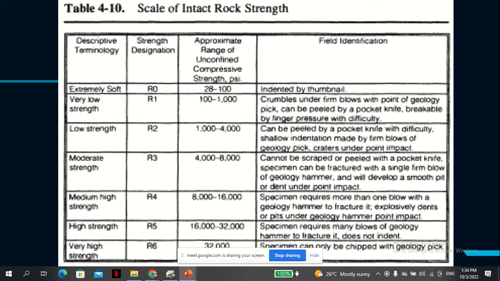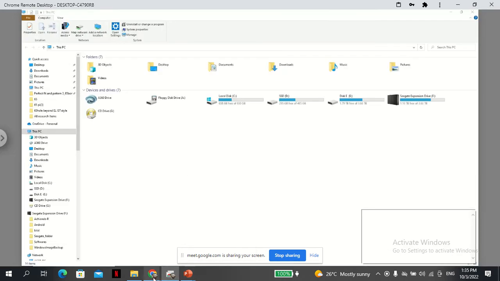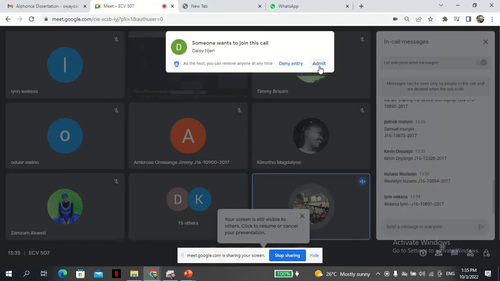Now, a rock of very low strength crumbles under firm blows with the point of a geology pick, and can also be peeled by a pocket knife.